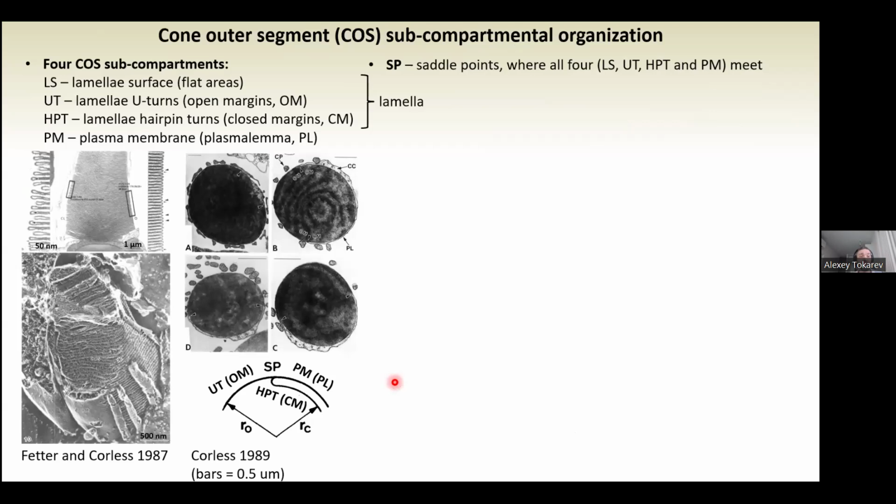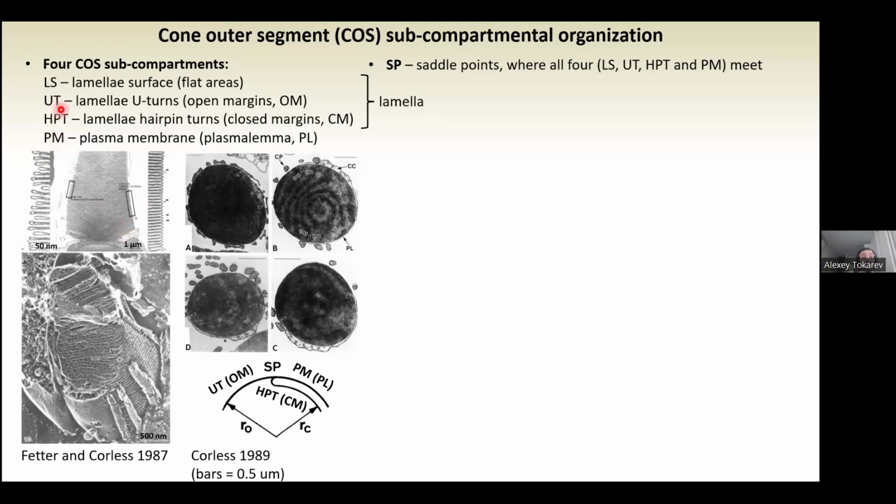So what we know from experiments, for example, here I show you the representative experiment of how the outer segment is organized. There are generally 4 subcompartments, so 4 kinds of membrane which differ between themselves.